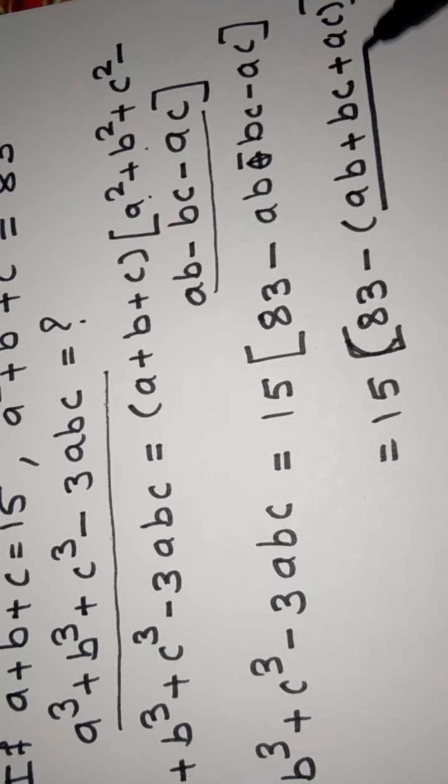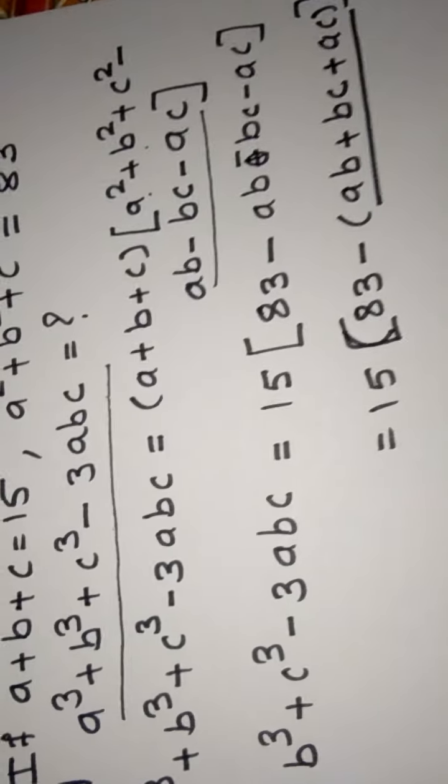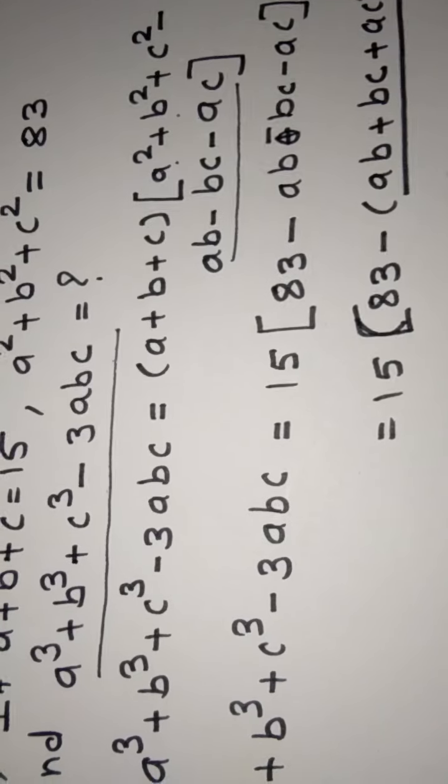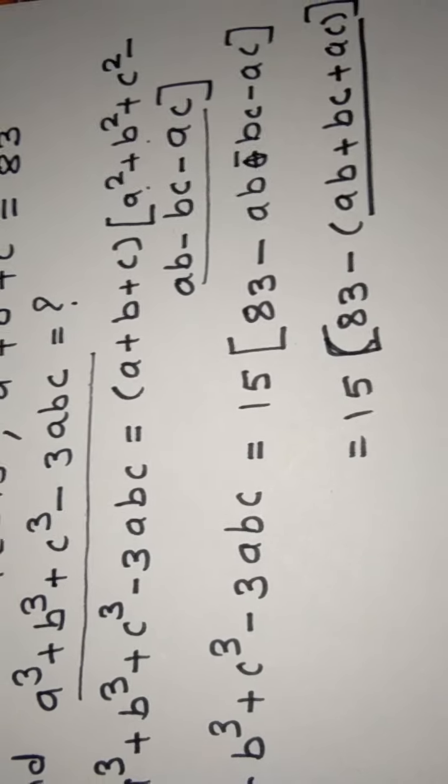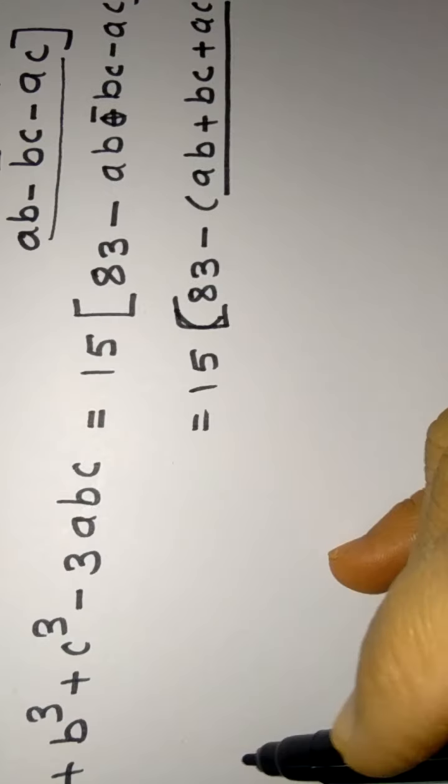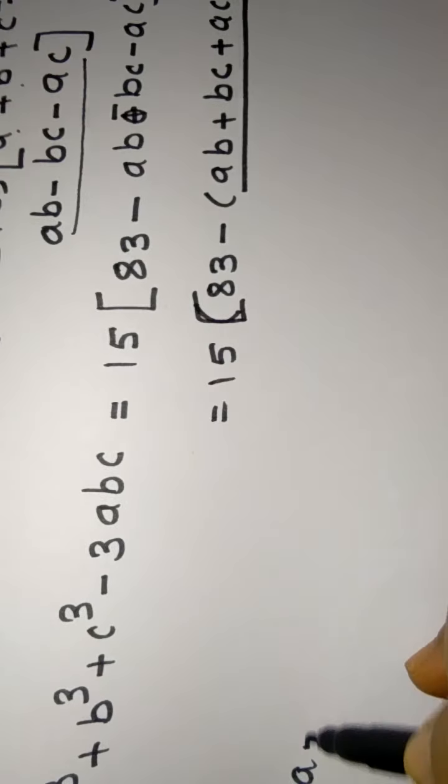Now we have to find this value. We don't have this value. For this value, put the formula. What is the formula? a plus b plus c bracket square.